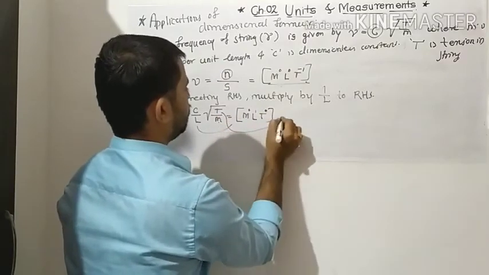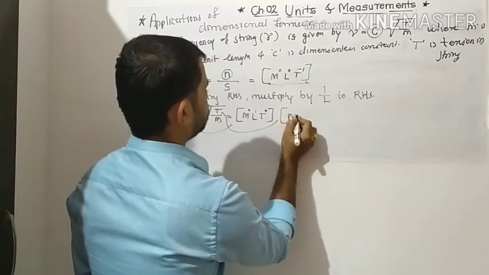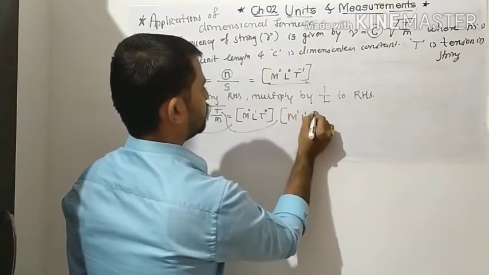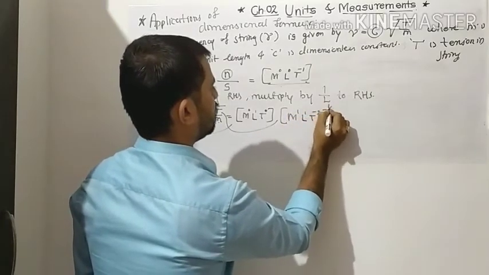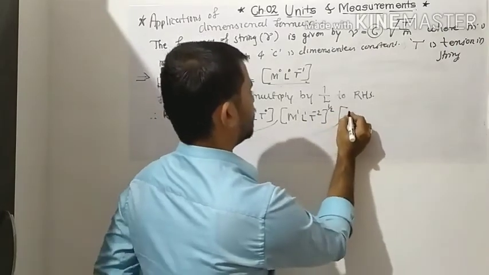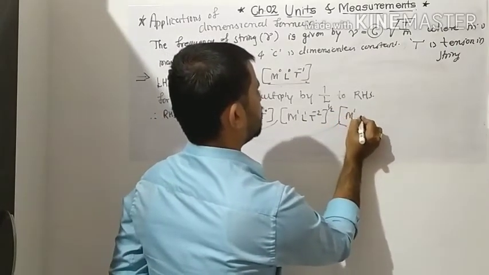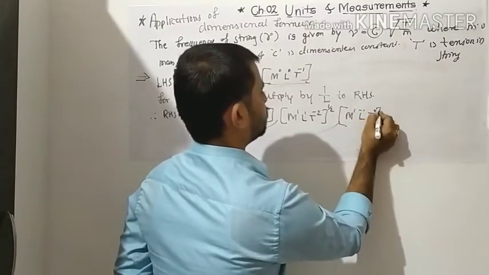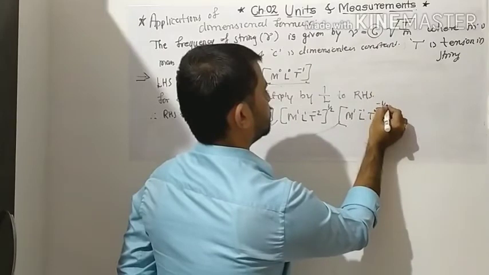For this T, we will get M raised to 1, L raised to 1, T raised to minus 2 raised to half. And for this mass per unit length, it will be M raised to 1, L raised to minus 1, T raised to 0 raised to minus half.